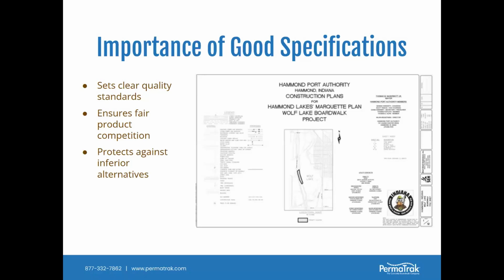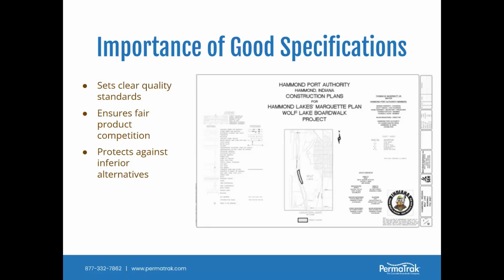A good set of specifications is also going to ensure fair product competition. You would, of course, lay out what the minimum requirements are and then allow potential alternates, but basically meeting certain requirements. You've probably heard of performance specifications being mentioned before, or basis of design terminology. Those are ways for you as a designer to show your best design that the owner likes and approves.